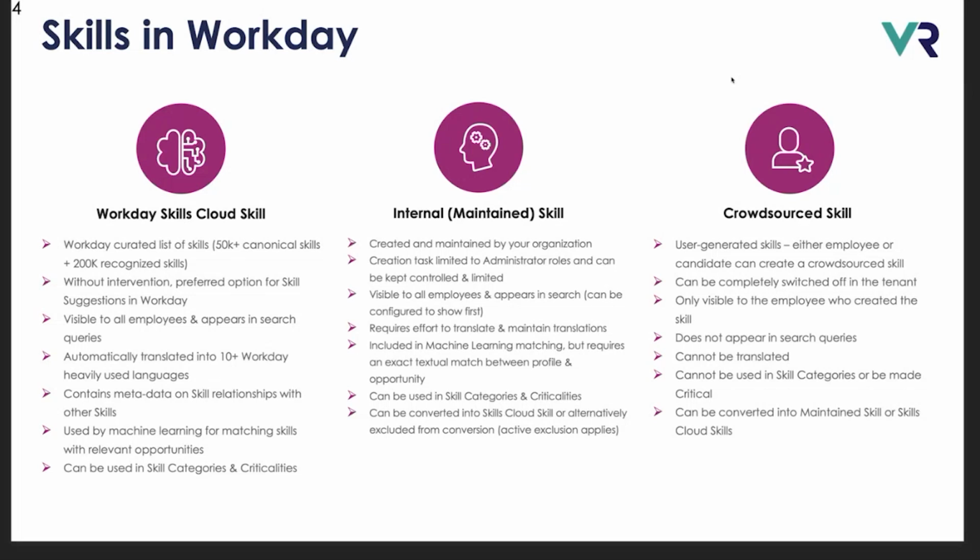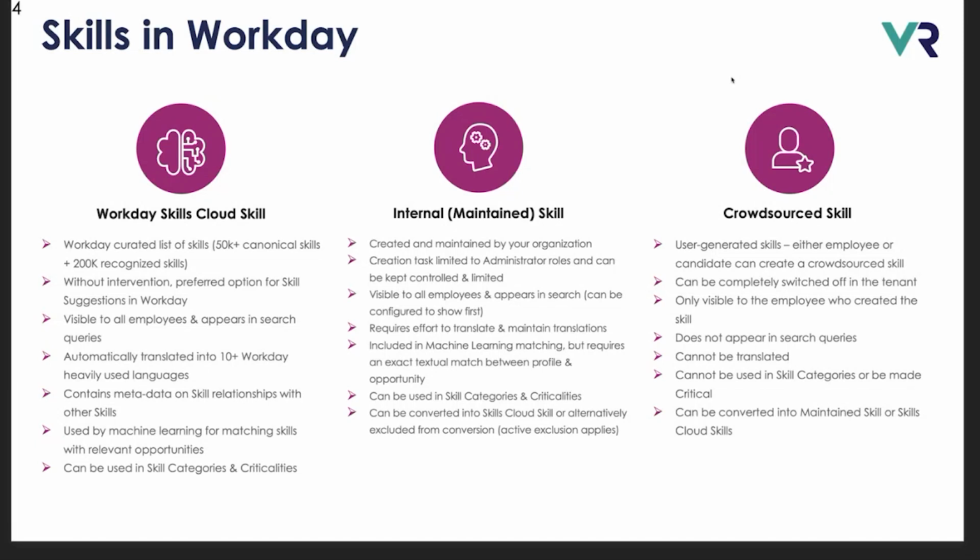One of the good things and also limitations about Skills Cloud skills in Workday is that once you turn it on and once you give people visibility of skills, Skills Cloud skills will always be visible to employees. They will always appear in search queries. And very importantly, there is no way for you to choose the ones that you want and disregard the skills that you don't want.